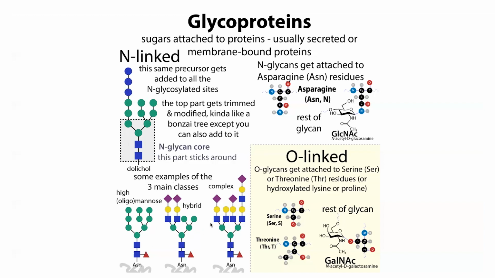Even in the cases where you have complex structures, you're still often modifying this top part or taking parts off. You might think this is wasteful, but these proteins are often getting made and modified in various compartments inside the cell, like the endoplasmic reticulum and the Golgi body. So you have these compartments in your cell where this processing is taking place, and the protein is moving through subcompartments.